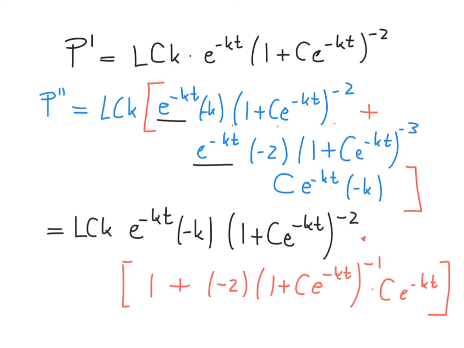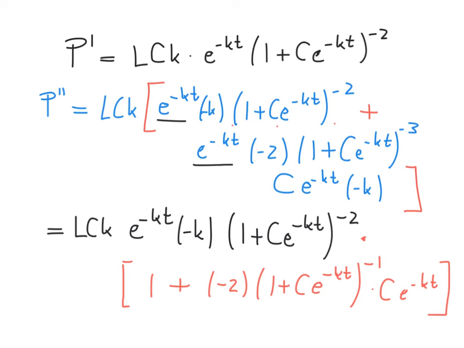Right? If they're there, then the second derivative must be 0. So let's see, where does this expression become 0? And now it's really important again, recall L, C, and K are constants. We have no influence over them, and they are positive. The only thing we have influence over is t.